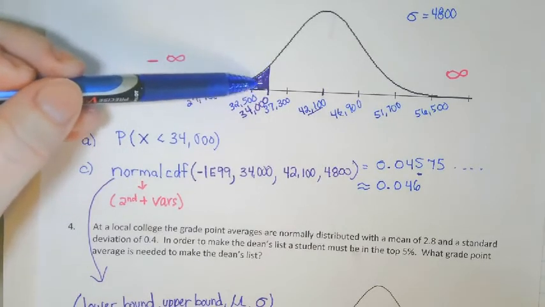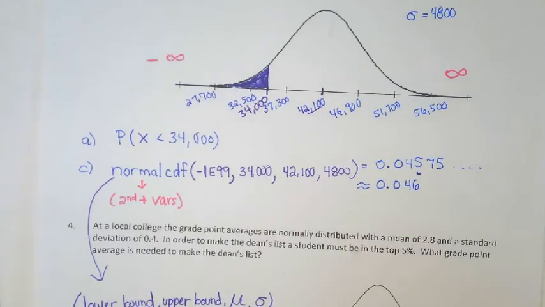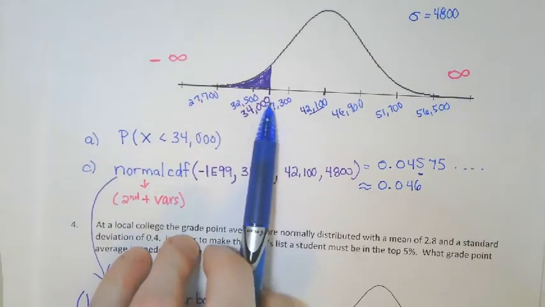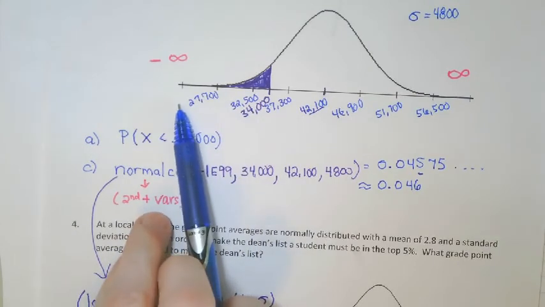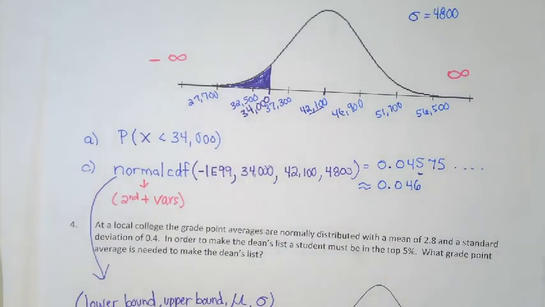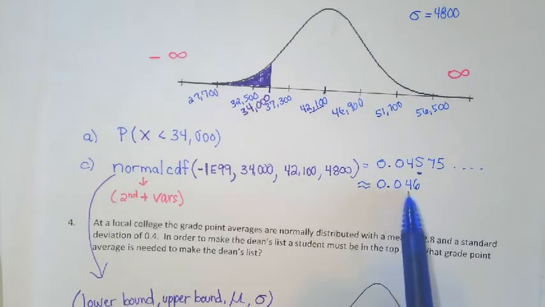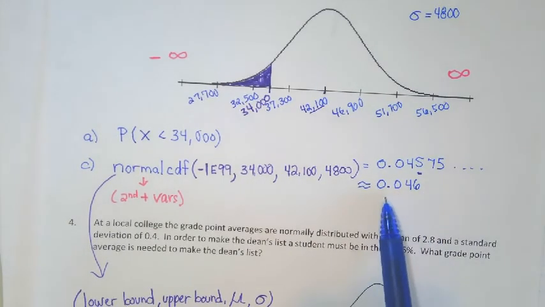This area is equal to 0.046. And that's also the probability that a given worker earns a salary less than 34,000. So when we write our final answer to this question, we do want to convert our proportion to its percent form.